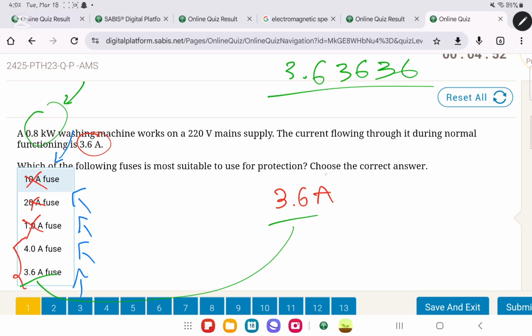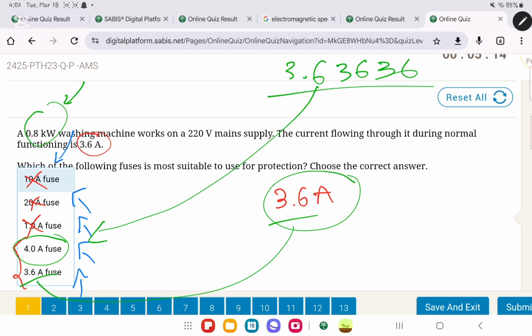Okay? So if you use 3.6 ampere, which is lower than it, it's definitely not going to work. That's why you always have to choose a value that is higher, the nearest value. So in this case, it's gonna be 4 ampere fuse.